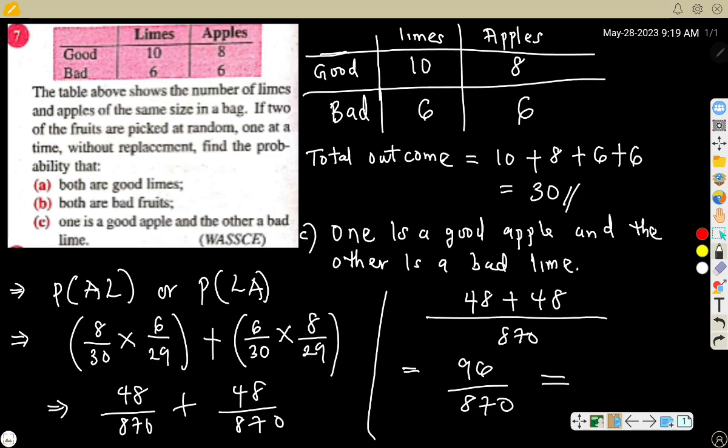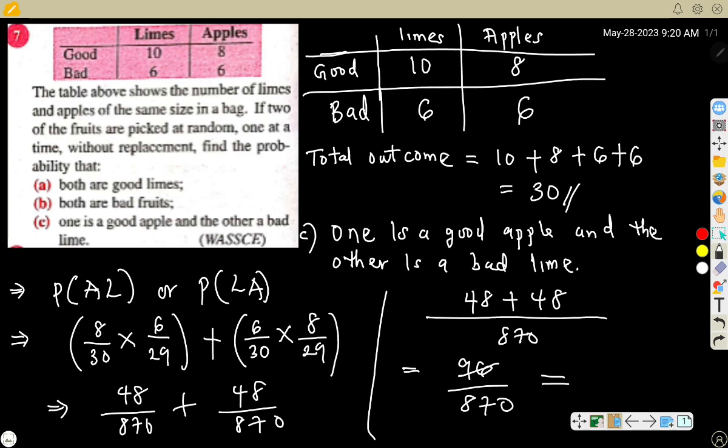So you can reduce it to the lowest terms. So 96 divided by 870. If you like, you can cancel one by one. So what number can go? Yes, 6 can go into 96.